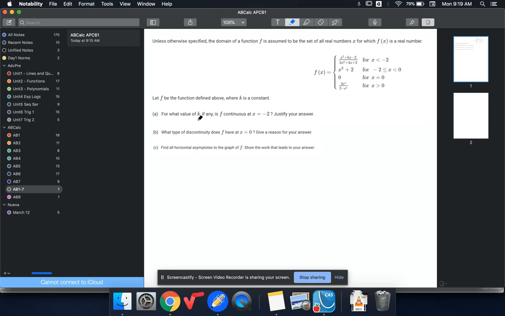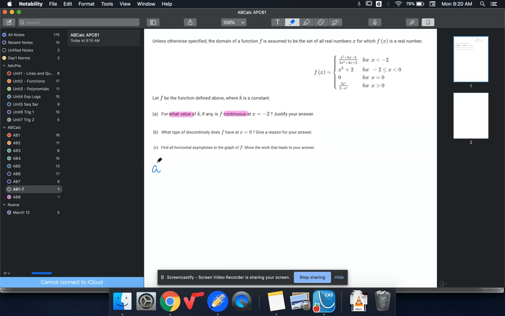So for what value of k, so I want to find a value because it says what value. So that's telling me it's a singular value. So what number, if any, so maybe there's no solution, is f continuous at x equals -2?